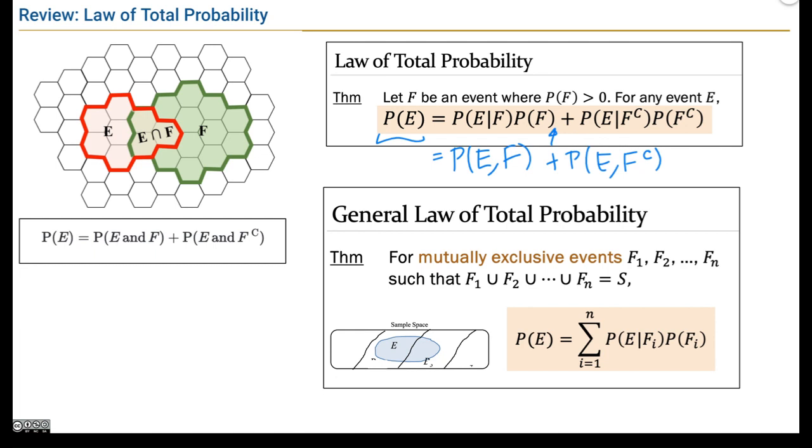And this lets me generalize it further. If these were my sample space and I have these other events here, F1, F2, F3, F4, I can do this same idea.